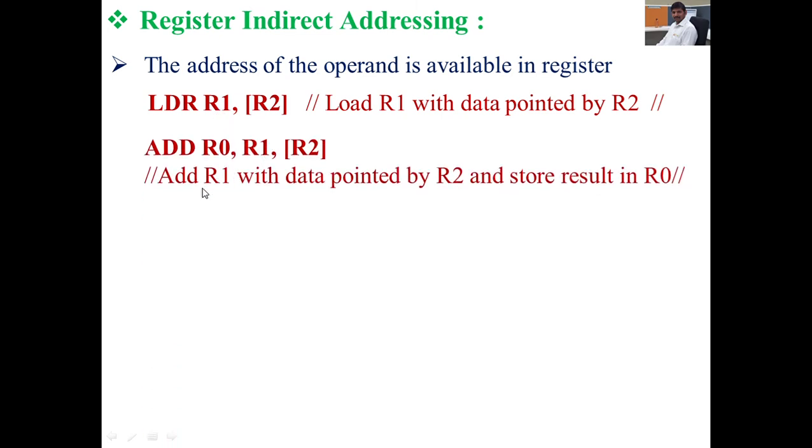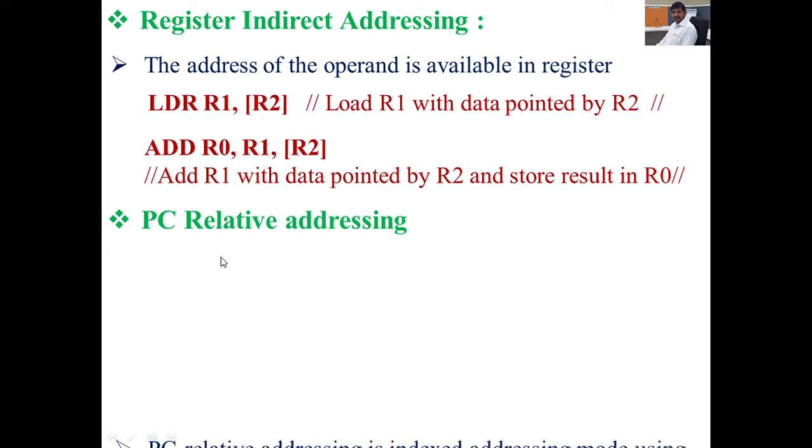Similarly, add R1 with the data pointed by R2 and store the result into the R0 register. Next, PC relative addressing mode. Relative means we can get the desired data address by adding the program counter content.